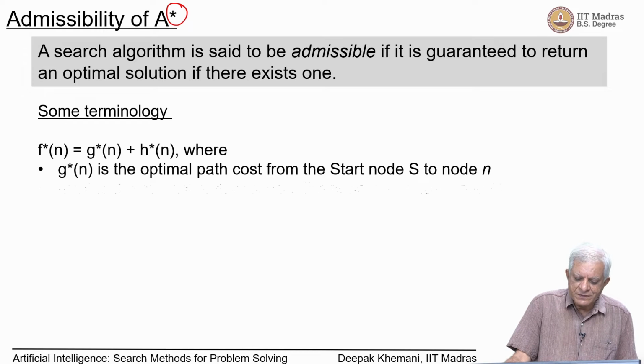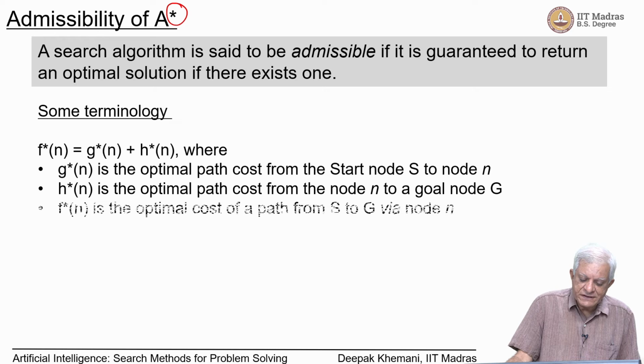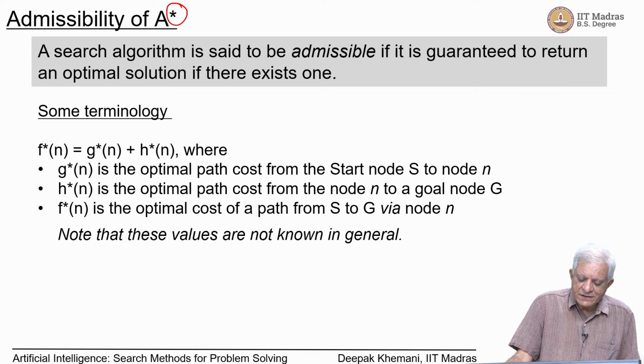So, we introduce some terminology here. We introduce these functions f star, g star and h star of n, which are the optimal values. So, g star of n is the optimal cost from start S to n essentially.